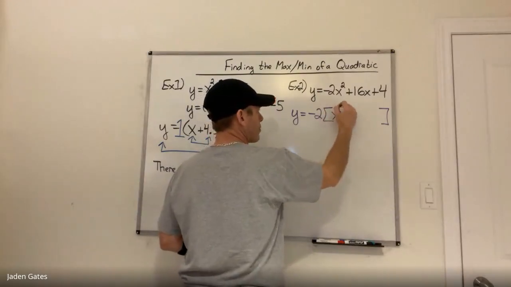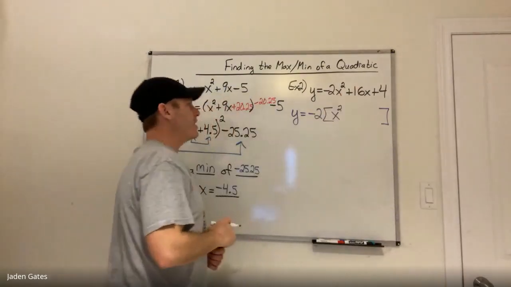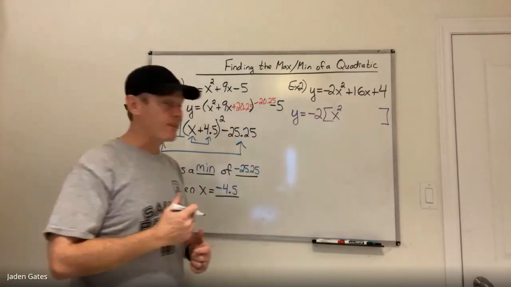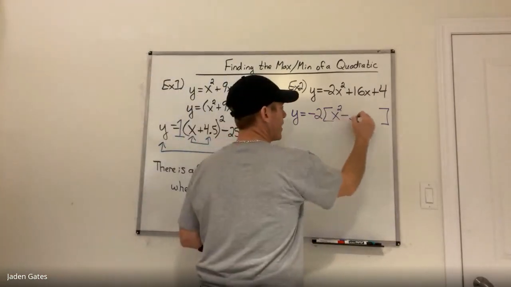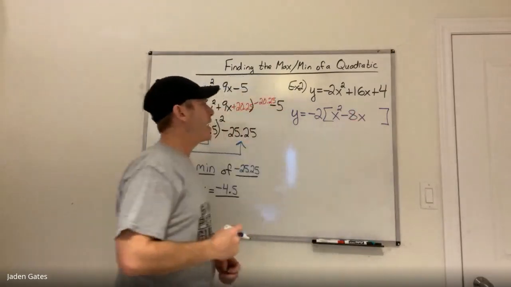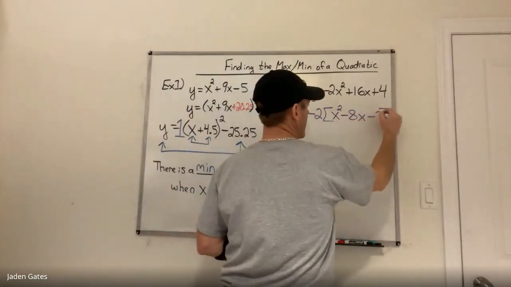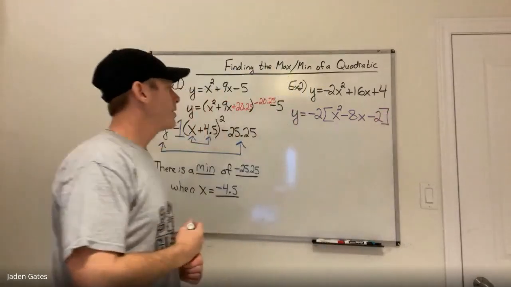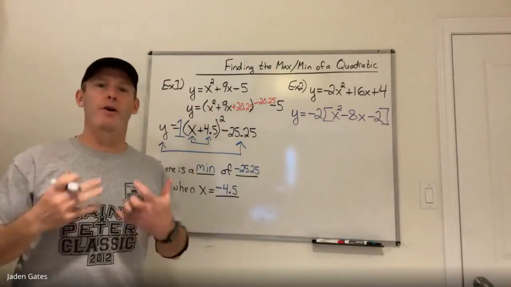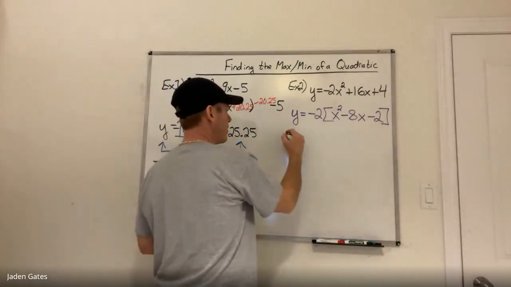Well, that's just x squared. Negative 16x divided by negative 2. Negative 16 divided by negative 2 is a negative 8, and this is my x term. 16x is actually positive, so that should be positive 16x divided by negative 2, giving negative 8x. And again, 4 divided by negative 2 is -2. All right. So now I've taken the -2 out. Now I'm going to complete the square just like we did earlier today.